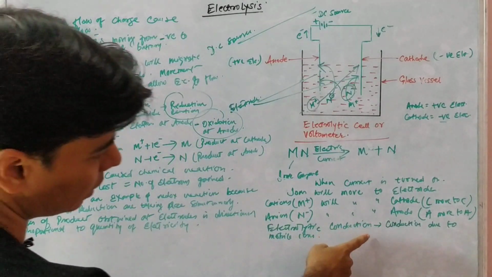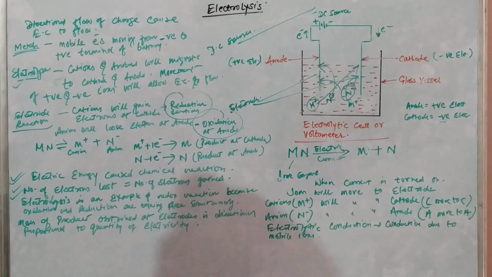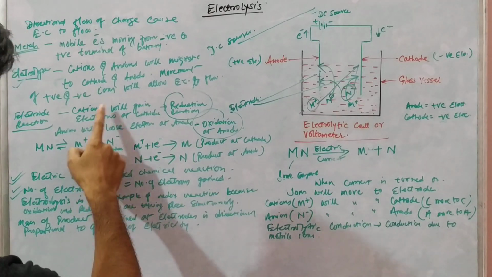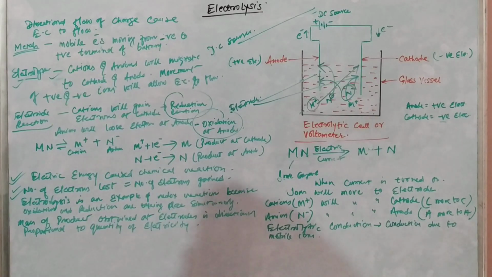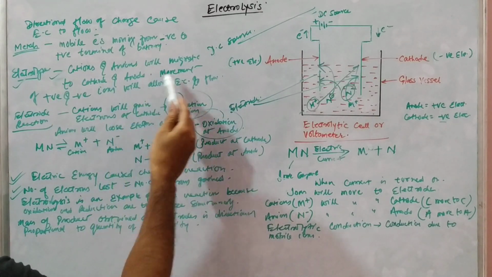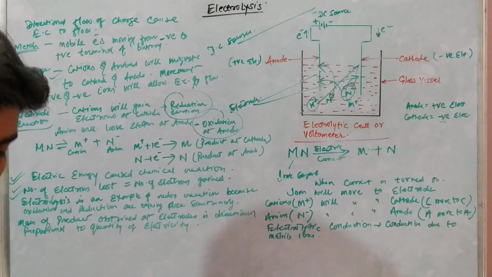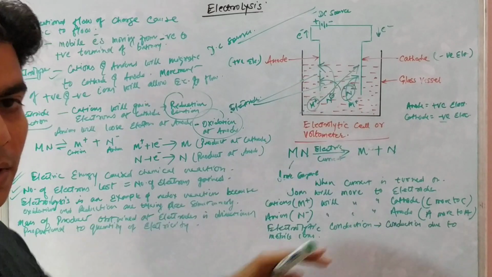So electrolytic conduction is conduction due to mobile ions, right? Cations and anions will migrate to the cathode and anode, and the movement of positive and negative ions allows electric current to flow. It is due to the movement of these ions that the electrolyte will conduct electricity.